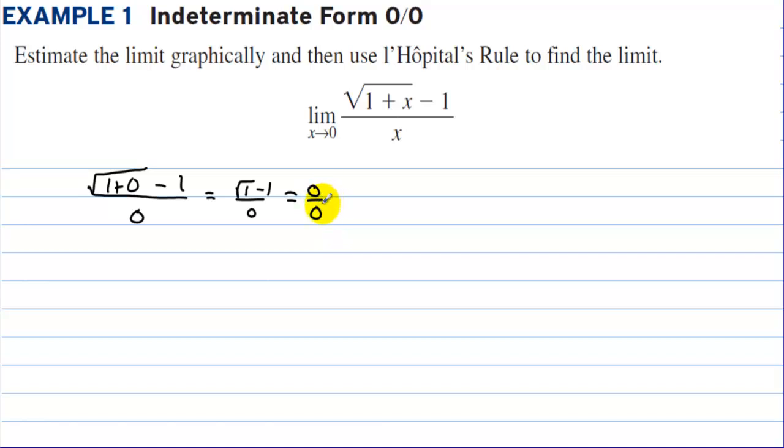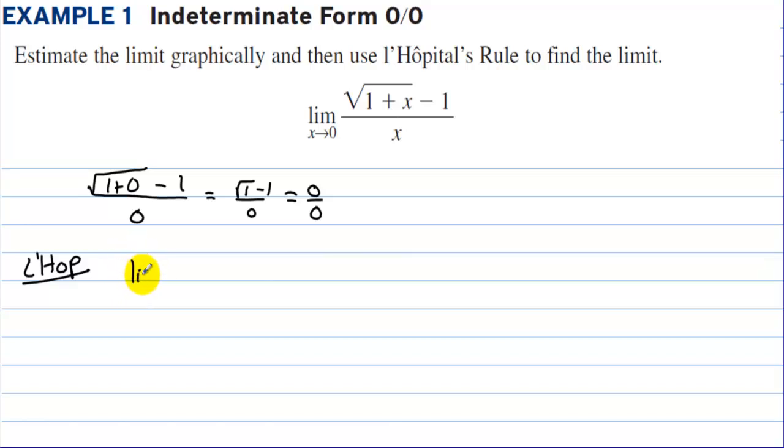Now that does not mean the limit does not exist just because we have 0 in the denominator. It just means it may not exist, but we're not sure yet. We can take the derivative of the top and the bottom. So we can do L'Hopital's rule. And anytime we do L'Hopital's rule, we write that to say, hey, we are actually performing this operation.